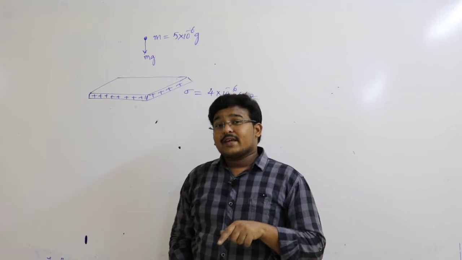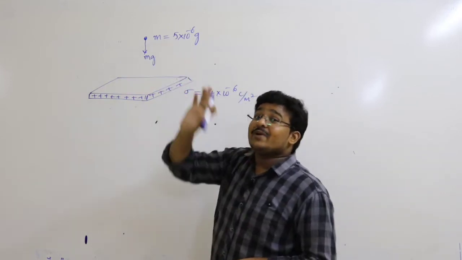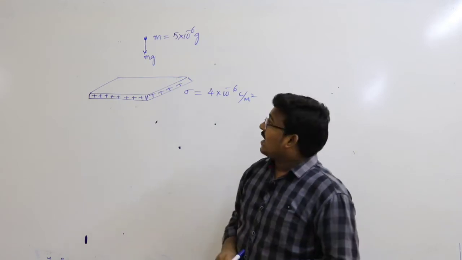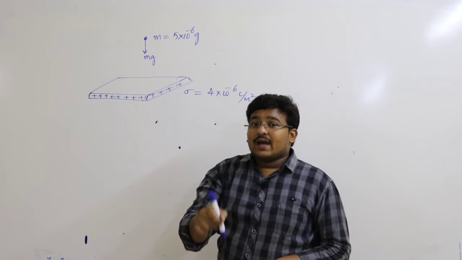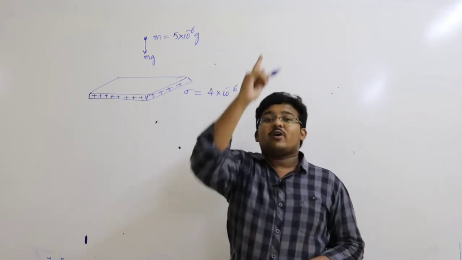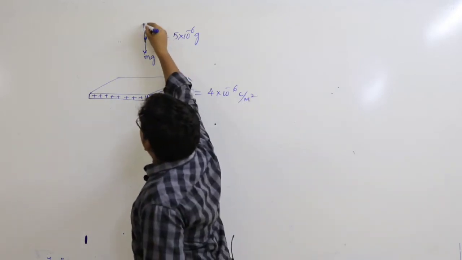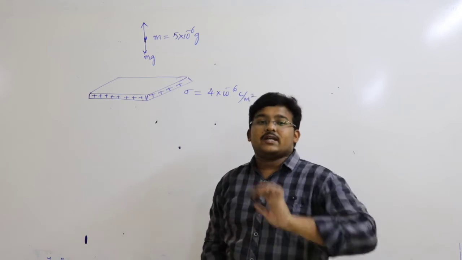But what they are saying now is, if you give some charge to the mass so that it will be in equilibrium, means mg is acting vertically down, and to keep the particle there, some force is required which acts upward, equal to the weight.